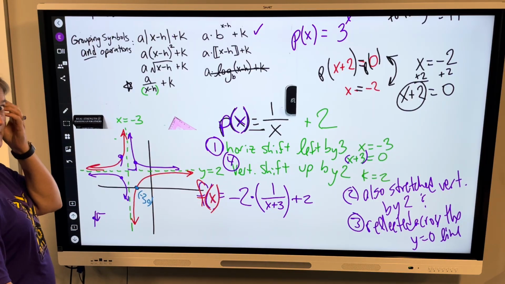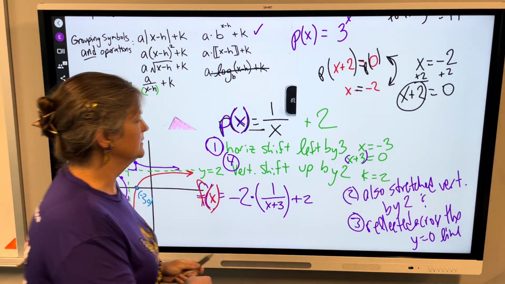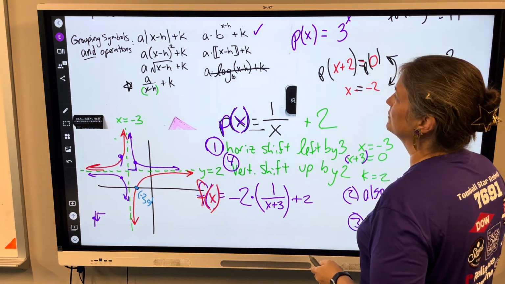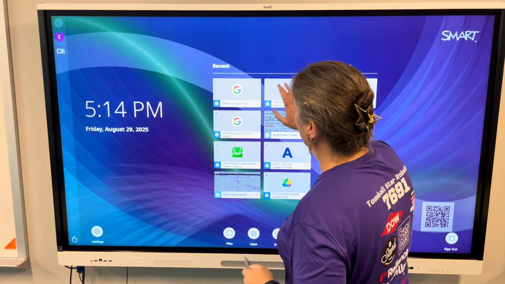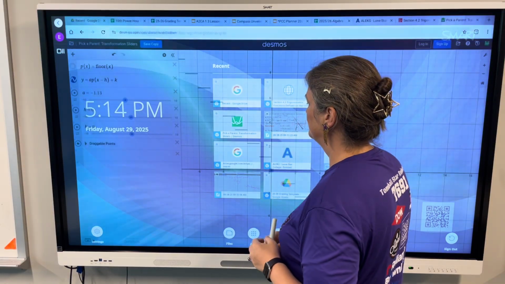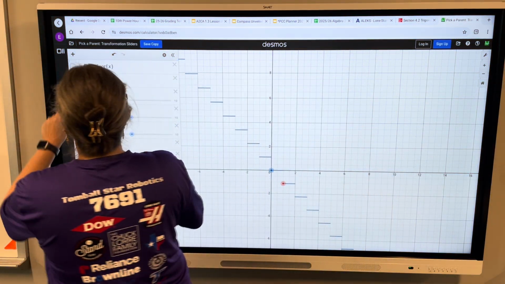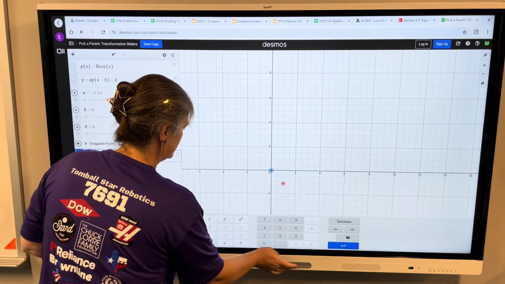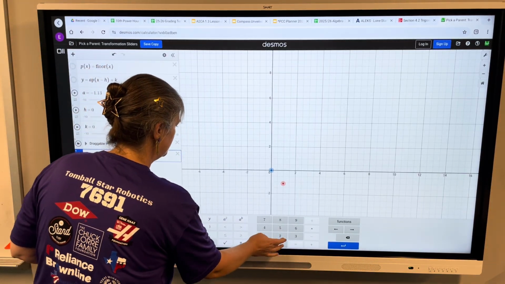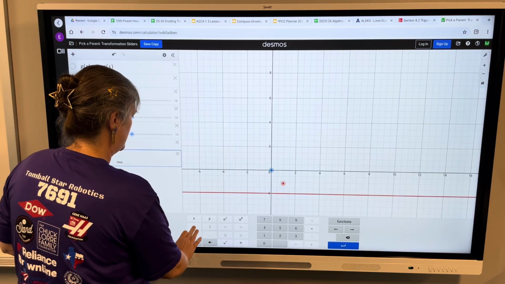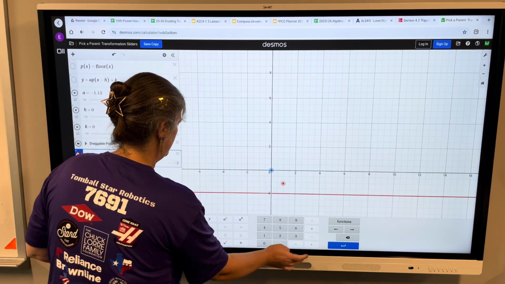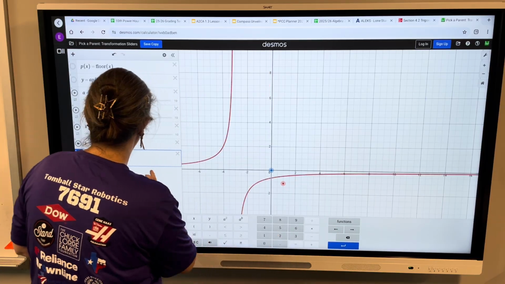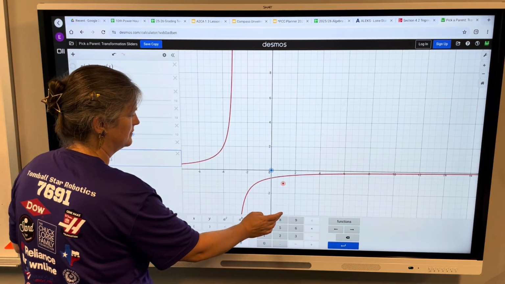We've taken this red graph, I should have called it red, my function. I mean, do you want to see it on Desmos? Let's take a look. Negative 2 times 1 over x plus 3 plus 2. Let's go to Desmos and see what happens. I'm going to turn that off. Y equals negative 2 times 1 over x plus 3, and then out here, oh, there it is.